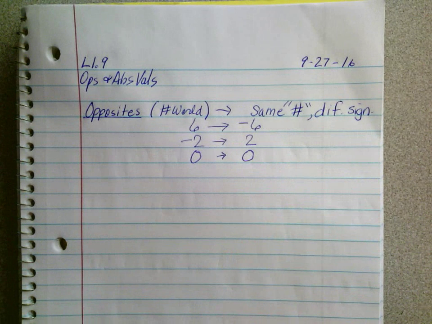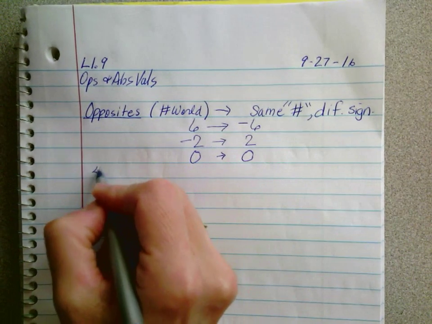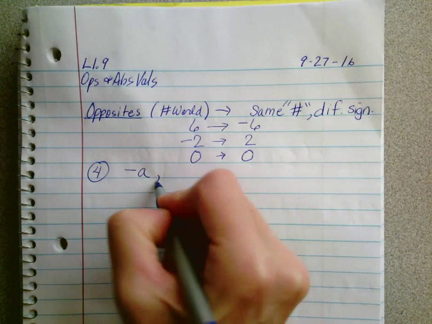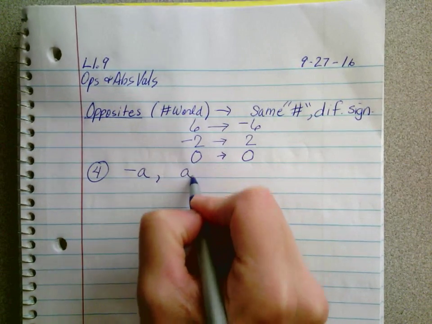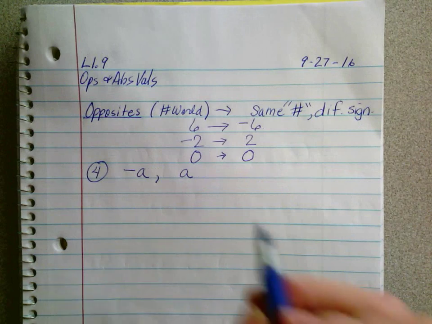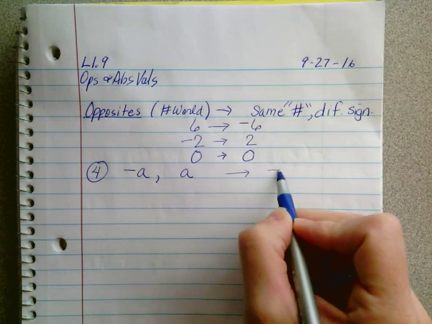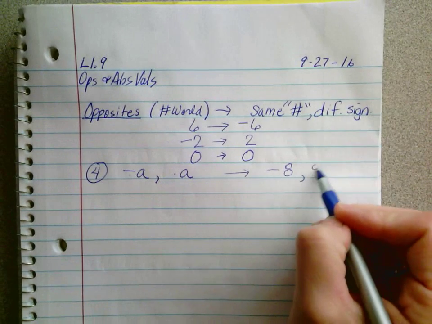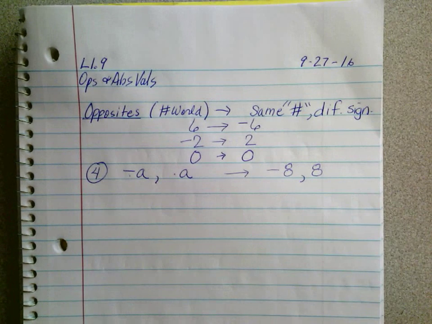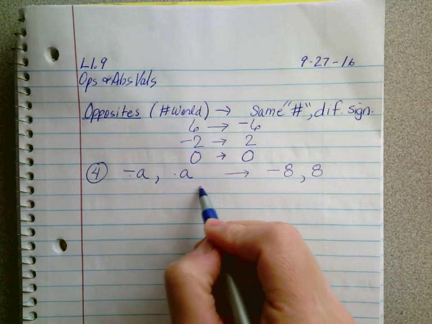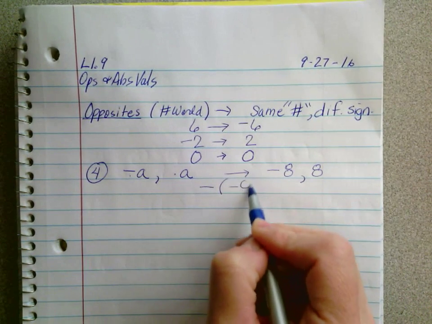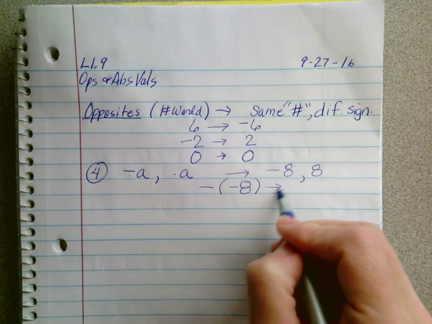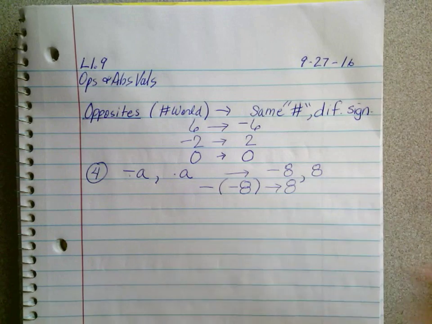Now, to kind of clarify that gray box, number 4, the opposite of -a is a. Okay? So like the opposite of -8 is, remove the sign, 8. And they wrote it by saying the opposite of -8, the opposite of a negative is a positive.